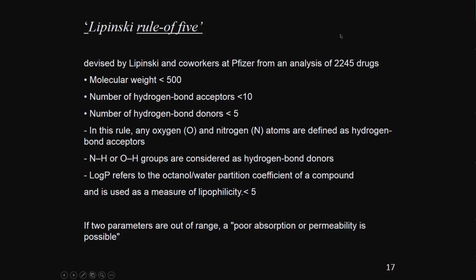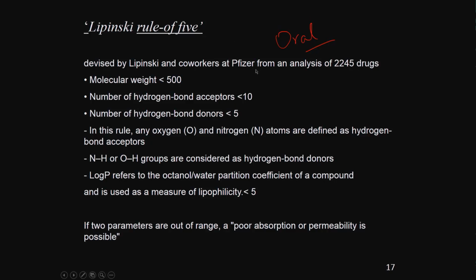They said all these drugs satisfy certain conditions. The first one is molecular weight less than 500. So you should have molecules which are reasonably small, less than 500. You cannot have a very large molecule. Please note, this is for oral drugs. All the rules I am going to talk about are for oral drugs, not for IV or IP and so on.